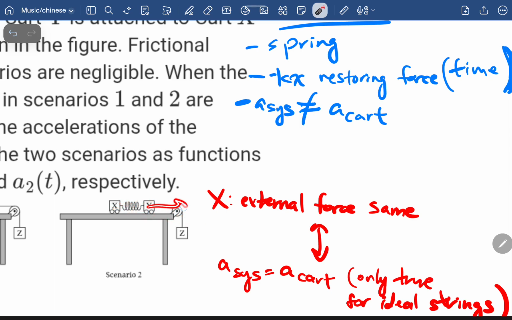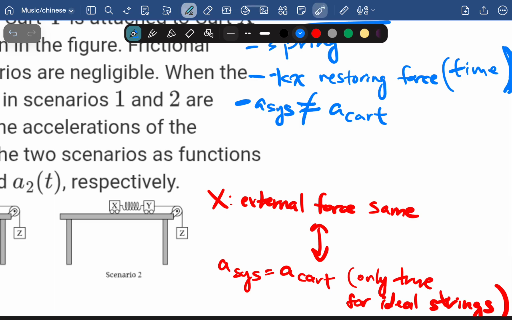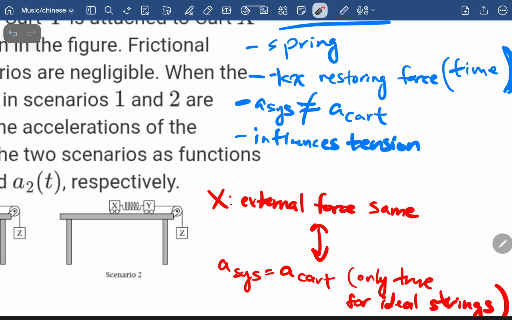Because when y moves this way and x barely moves, it's going to stretch out, and then as a result of that, x is going to move forward, and then the spring is going to shrink back into its basically original equilibrium position. So what that does is that it influences the tension in here.